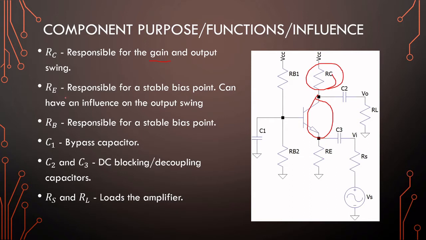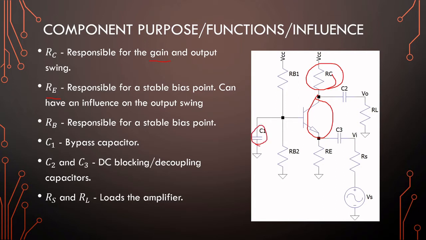So continuing on, the emitter resistor is responsible for the bias point. So this is to pin the bias to the load, and then these two resistors or single resistor depending on the bias configuration is just to provide either the voltage required here or a path for the current into the BJT.